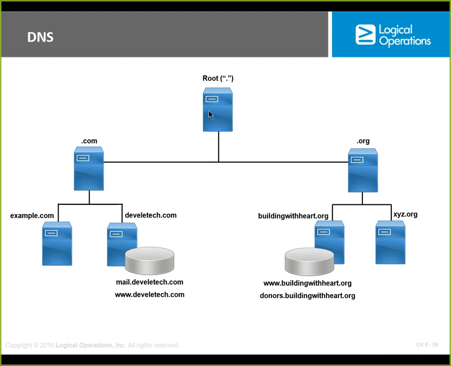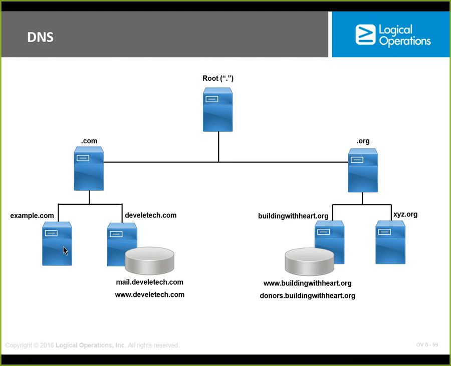The root server says, I don't know what that is, but I know where the top-level domain .com server is. So it gives us the address of the .com server. Come back down. We then go to the .com server and say, I want the address of www.yahoo.com. I don't know, but I'll tell you where Yahoo's server is. So it gives us that address.